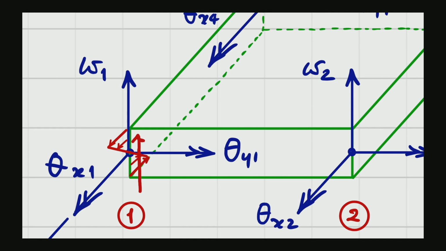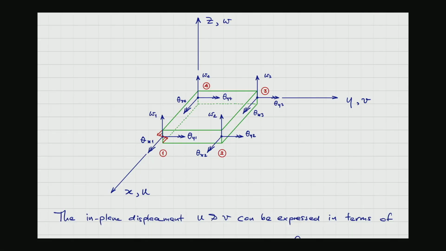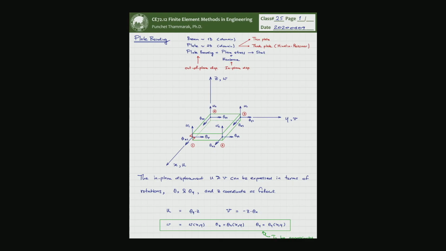Theta Y is associated with the X and Y coordinates, because when you work on the beam problem or the plate bending problem, you are working at the neutral axis level of the beam, or the neutral plane of the plate.